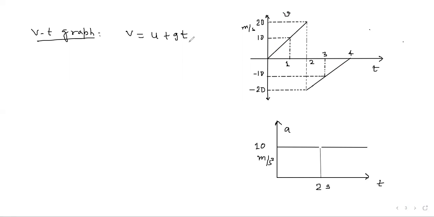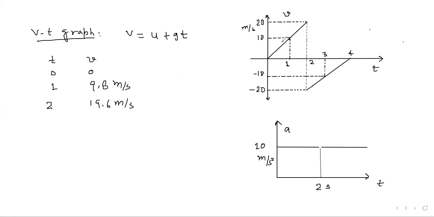So at t equal to 0, this is 0. When t equal to 1 second, velocity will be 9.8 meter per second, and at 2 seconds, velocity will become 19.6 meters per second.